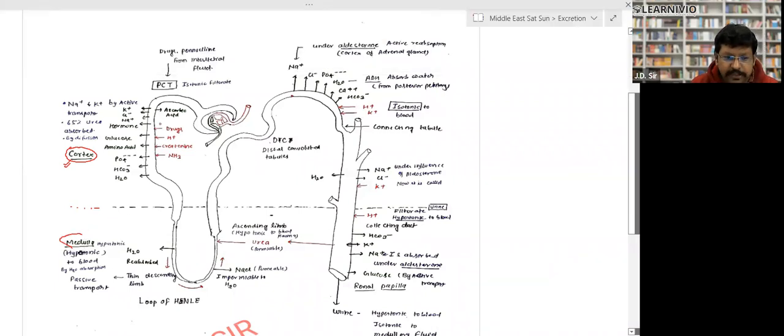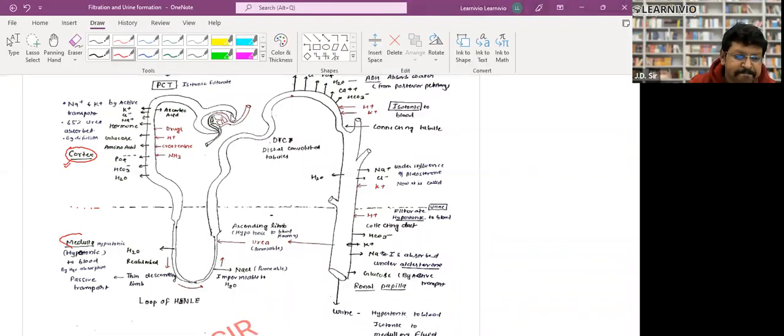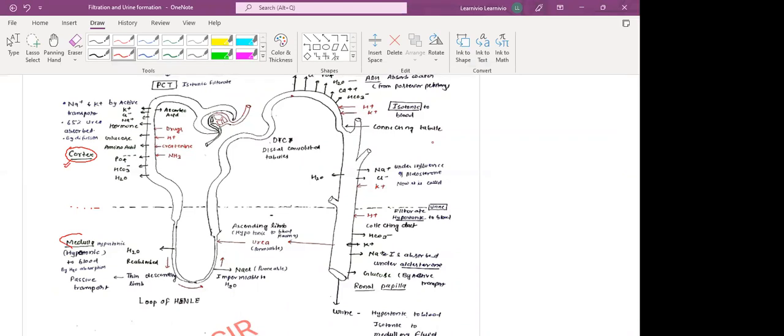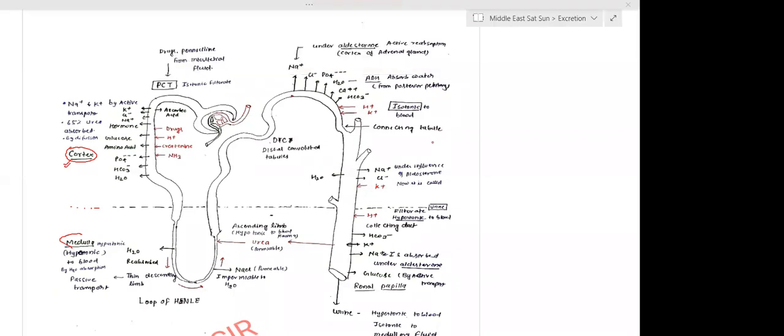What I will do first, I will discuss this one, then I will slide accordingly. I am going to switch off the camera so that it won't get in the way of the diagram. I'll try to make it larger.